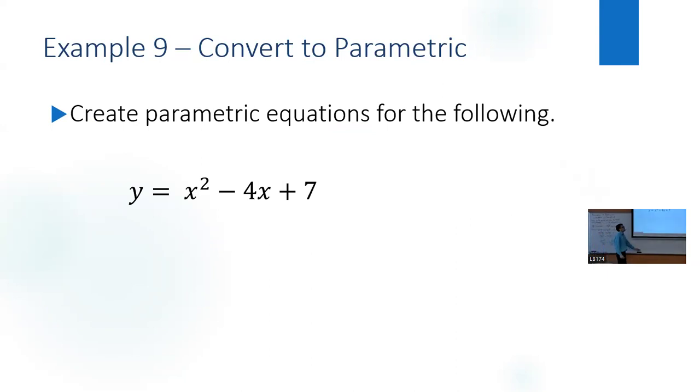Now we can also convert to parametric using the same two tools that we just used to convert into rectangular. So we're going to go from rectangular to parametric now, using the same tools.